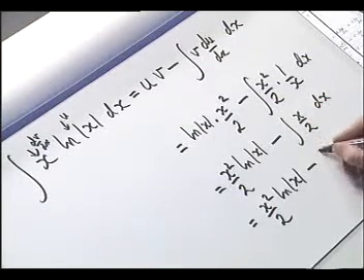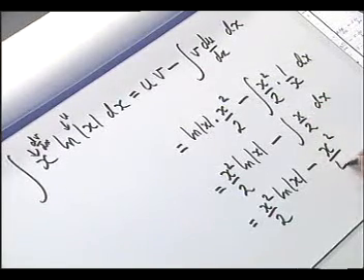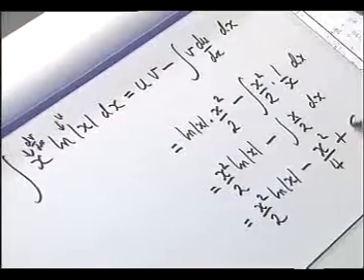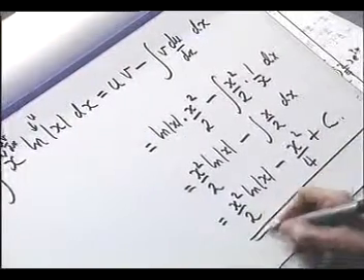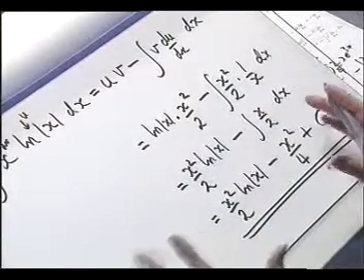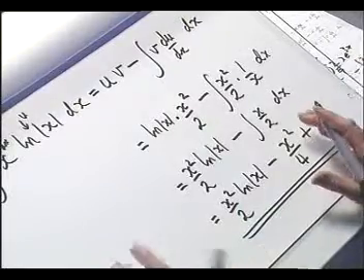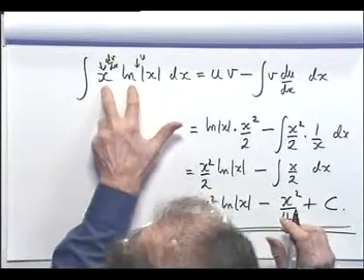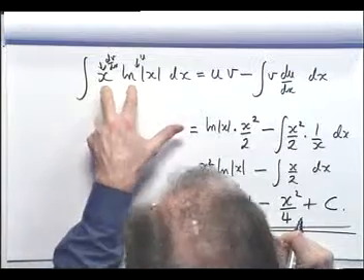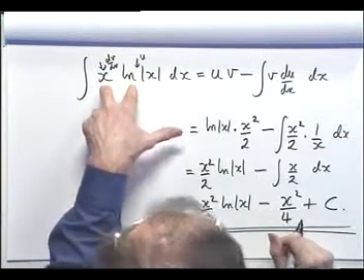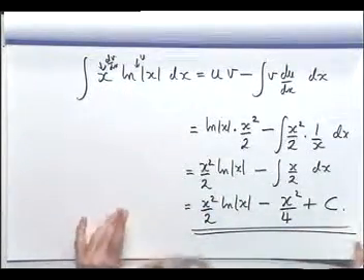It's already over 2, so that would be x squared over 4, plus, again, our constant of integration. So just to hammer home that point, here our choice was governed by what we could actually integrate and what we could actually differentiate. Let's take that a stage further.